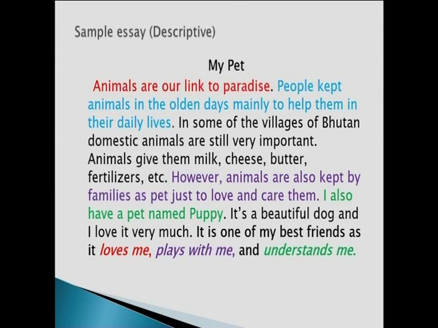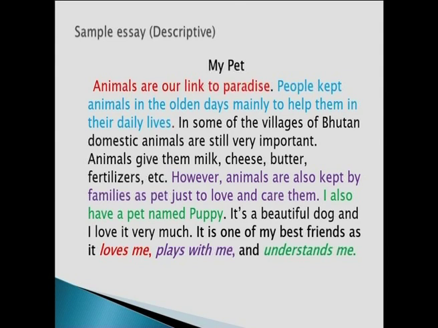Now let's analyze this introductory paragraph. So that first sentence or opening sentence, and then the second sentence. If you look at the second sentence, it says, people kept animals. So people here refers to the world. Not just Bhutan, because in the third sentence you see that in some of the villages of Bhutan.